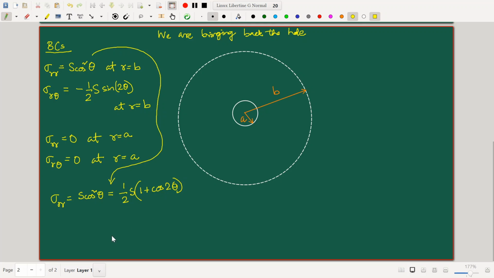Now you see, this is made up of two parts. One of them is this constant part, half of S. The other part, well, unfortunately, it is still dependent on theta. You can't do anything about it. But this gives us a clue.